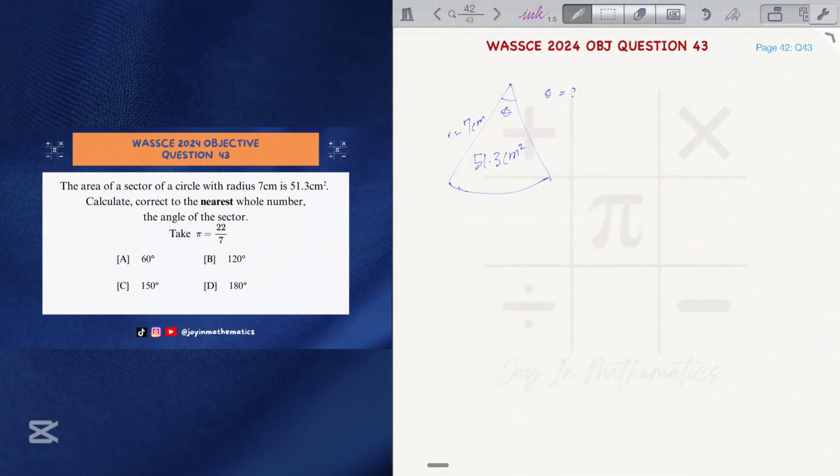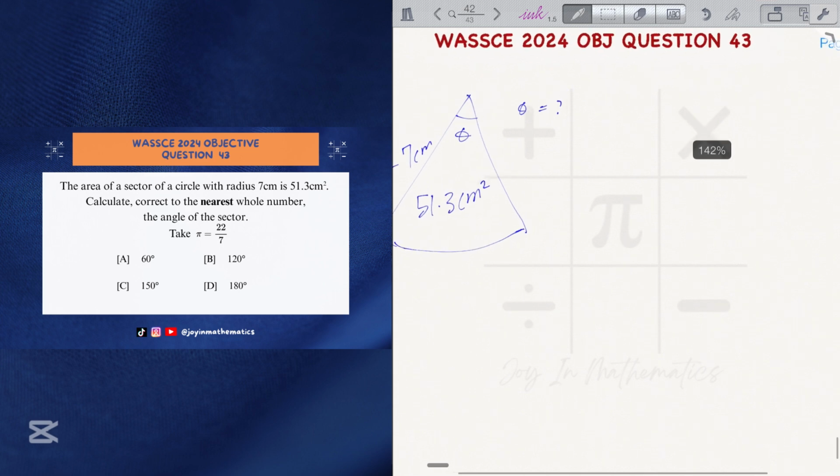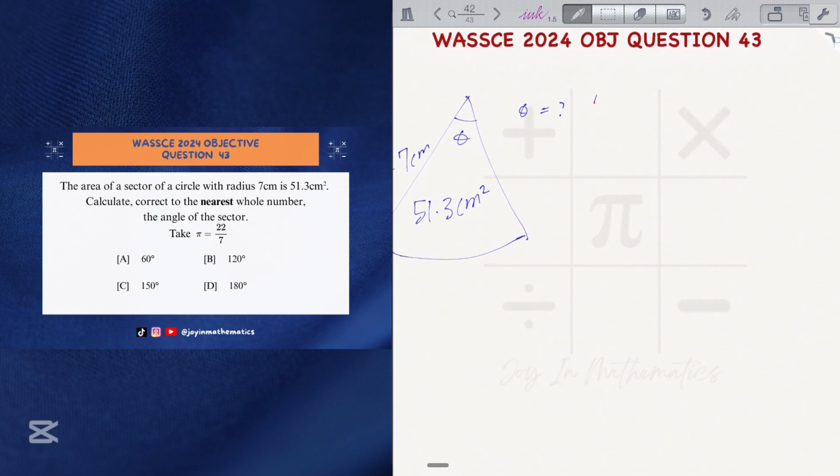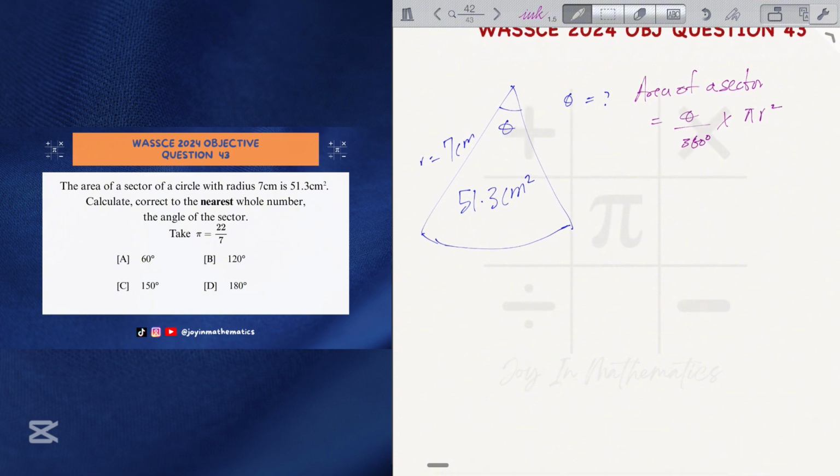Let's write out the formulas involved in a sector. The first formula involves the area of a sector. The area of the sector is equal to theta over 360 degrees multiplied by pi r squared. Similarly, when we have a sector, we will have the length of the arc.